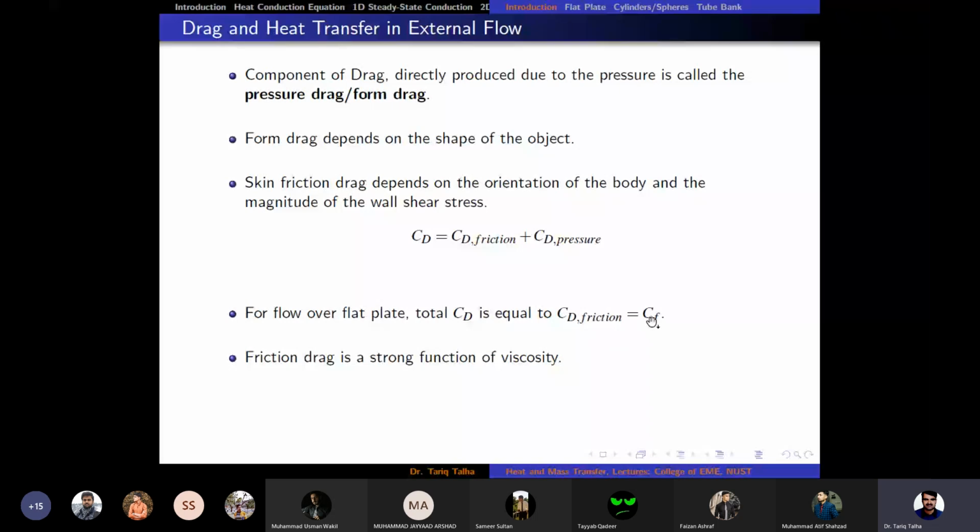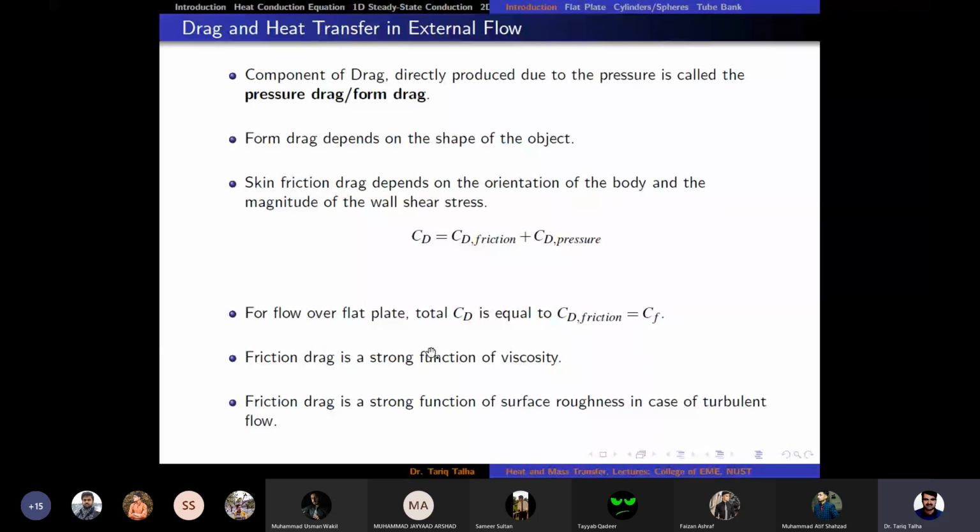For the friction drag we use the formula mu into du upon dy, so it is a strong function of viscosity. It is also a strong function of surface roughness. If the surface roughness is more, then the friction drag would be more. If the surface is polished, the friction drag would be less.